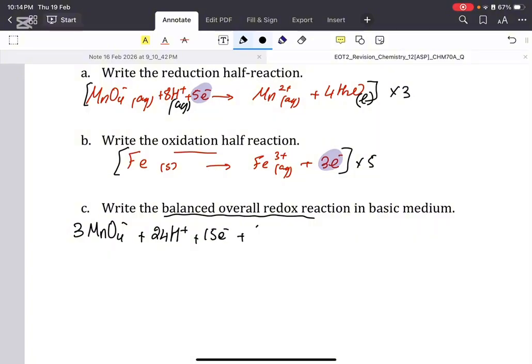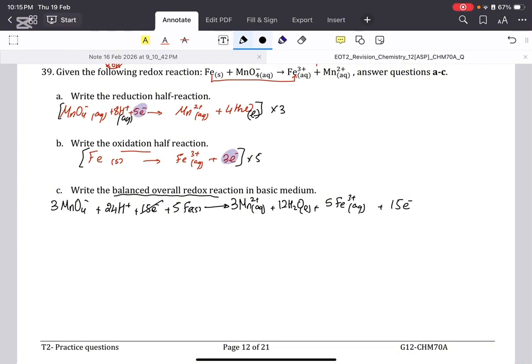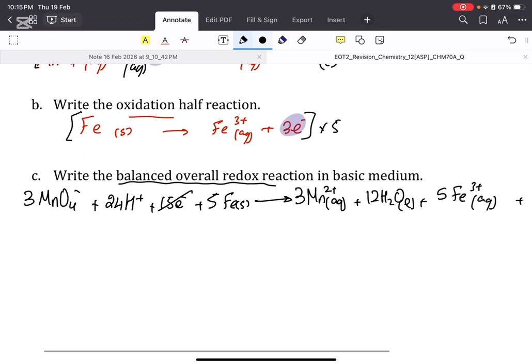Now I'm moving to here. Plus 5 iron solid gives 3 Mn2 plus and 12 H2O and 5 Fe3 plus and 15 electrons. 15 and 15, they cancel out.